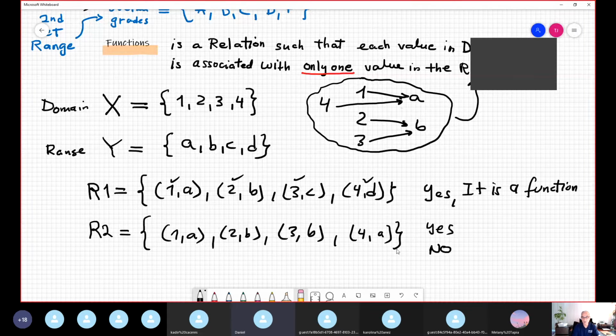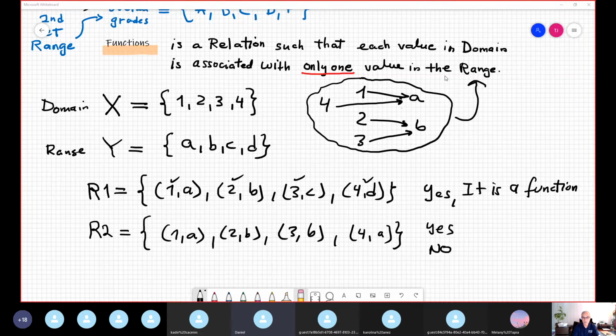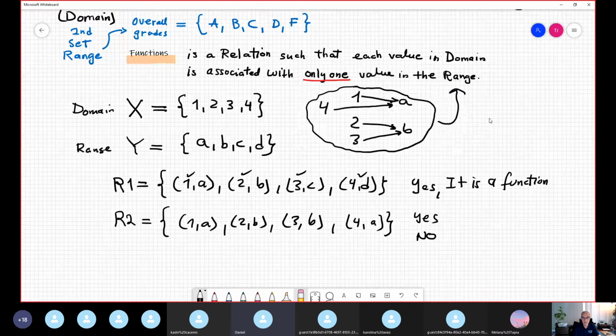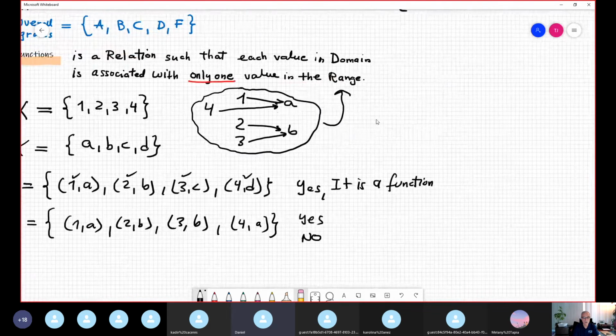Let me see. Guys, unfortunately, you are in big trouble. The answer is yes. I know it's confusing. Look, the definition says that each value of the domain is associated with only one.